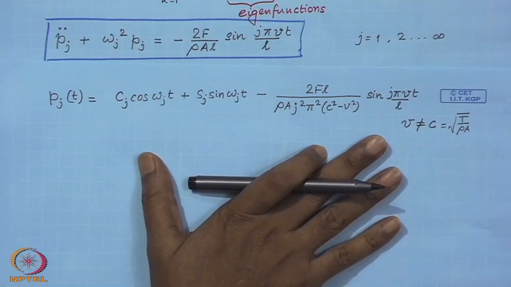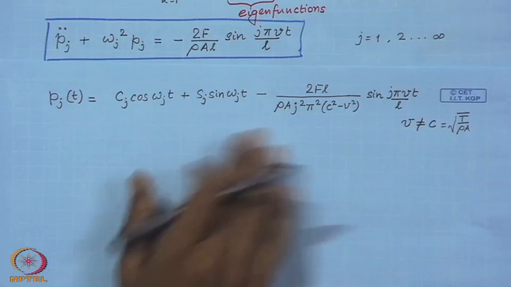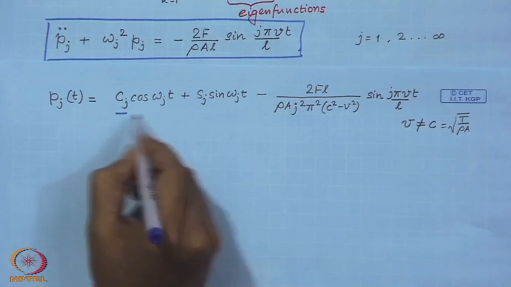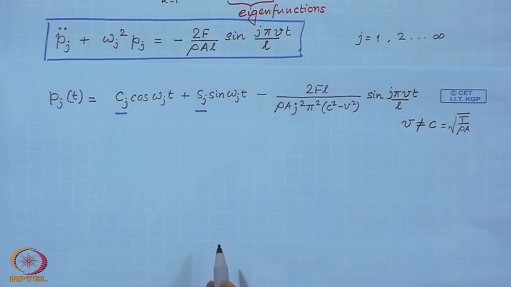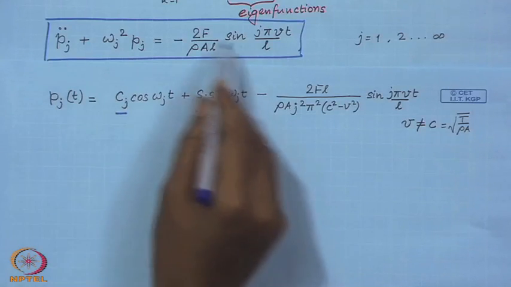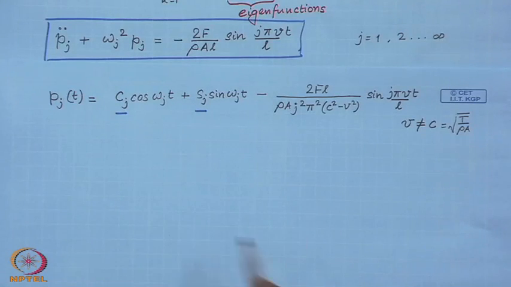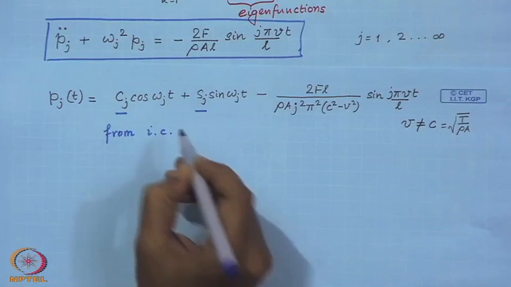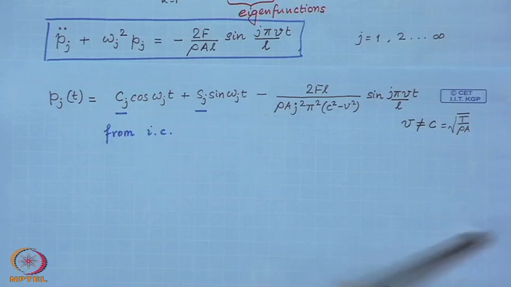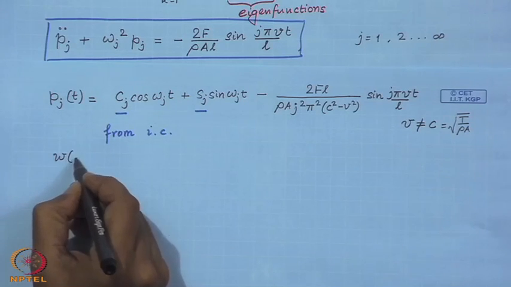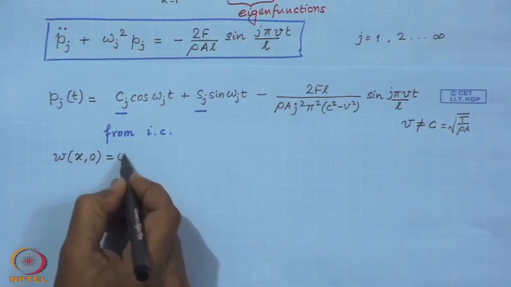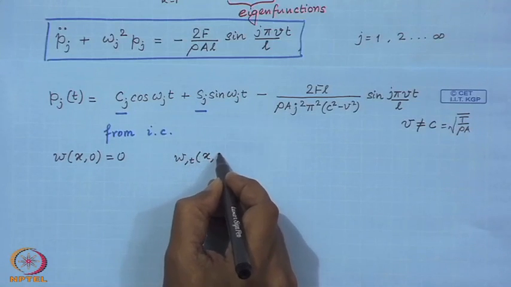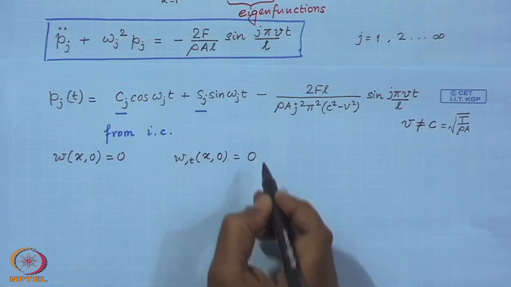Now, so this is a solution form, therefore, here these are unknown coefficients which form the homogeneous solution of this system, which have to be found out from the initial conditions. So, we will consider a stationary string before the force starts travelling on the string.